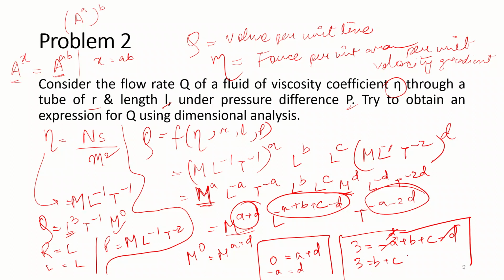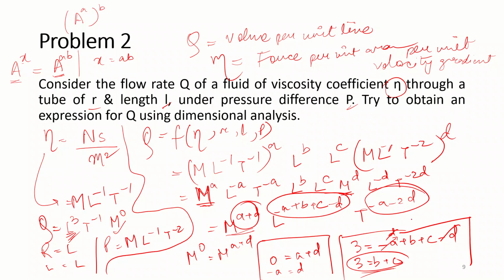In that case, it should be L square, because on the left hand side we have L cube. So I am equating 3 equal to b plus c, with minus a minus d getting cancelled. So it's coming to 3 equal to b plus c, and then we can equate this one also.